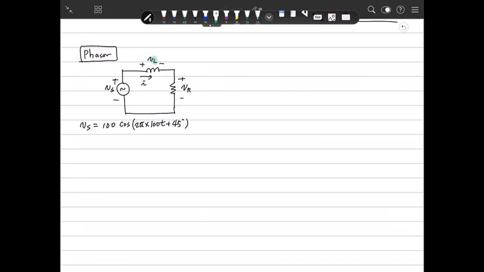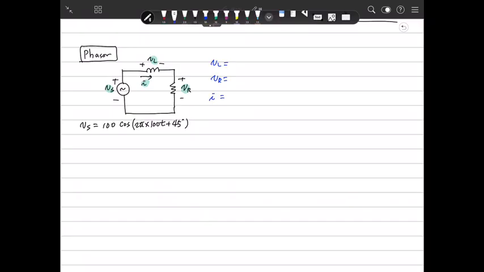To calculate these, we will analyze this circuit as we learned in circuit theory last semester. Using that, we can calculate all the variables: VL, VR, and maybe the current I. It will be complicated, but we can do that.